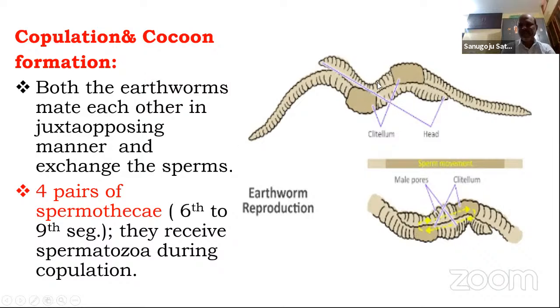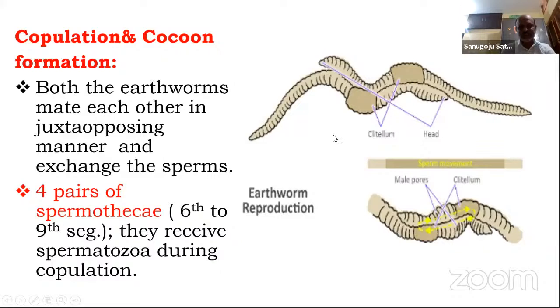This is a diagrammatic representation of the copulation of the earthworms. Exchange of sperm cells takes place, and the 4 pairs of spermatheca play a vital role here. In the 6th to 9th segments, they are located in the 5-6, 6-7, 7-8, and 8-9 segments.